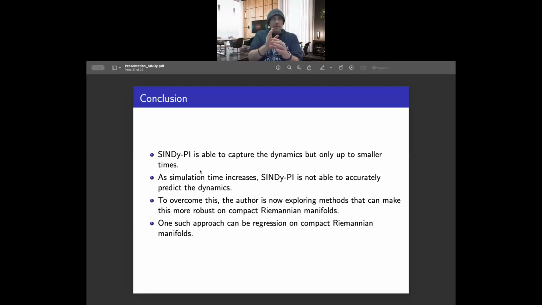On a compact manifold, you're going to have some advantages for identifying the nonlinearity, because the nonlinearity is defined on the circle, and you most likely have a denser set of points available than on the line. So I expect this should have a positive effect on the identification of the dynamics.